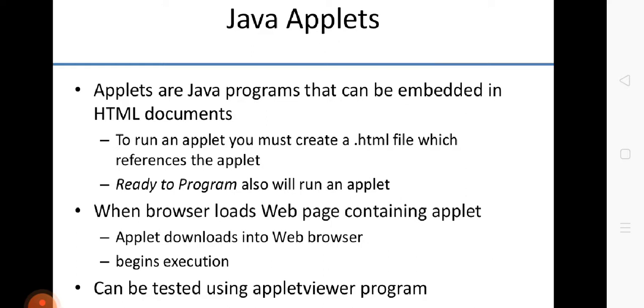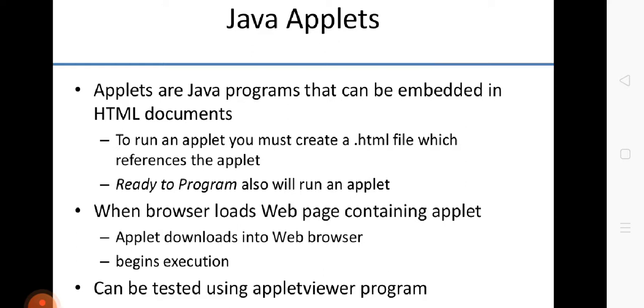Okay, so to run an applet you must create a .html file which will refer to the applet, and when a browser loads a web page containing an applet, what actually happens is the applet is downloaded into the web browser and it begins execution. And we can test our applet by using the appletviewer program.